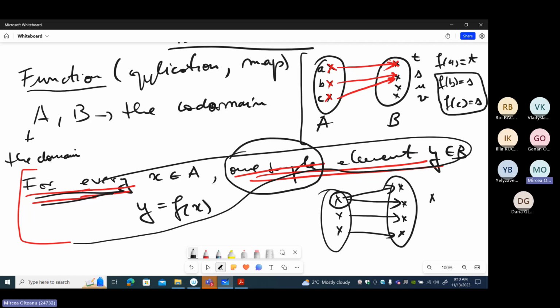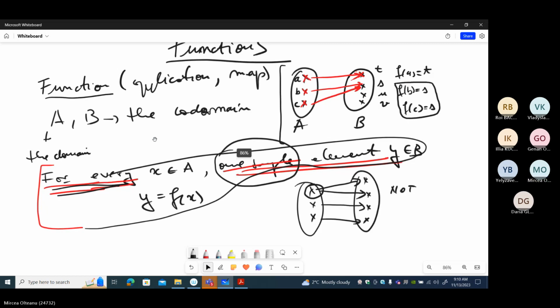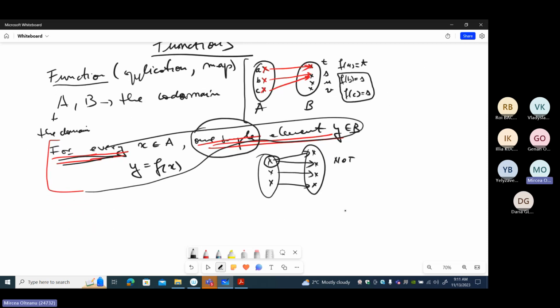So yes, this is not a function. Also, another picture which is not a function is the following. For example, this is not a function.